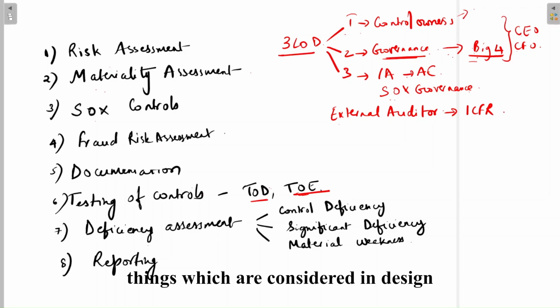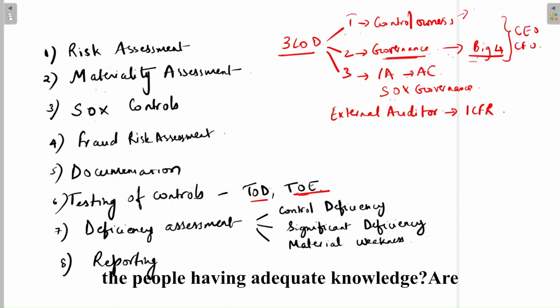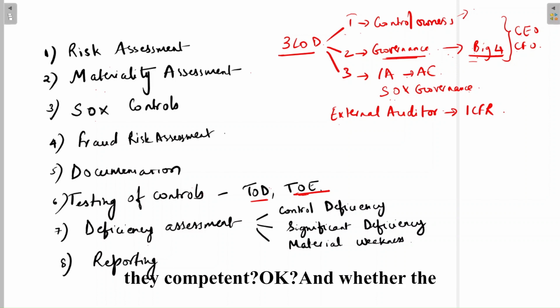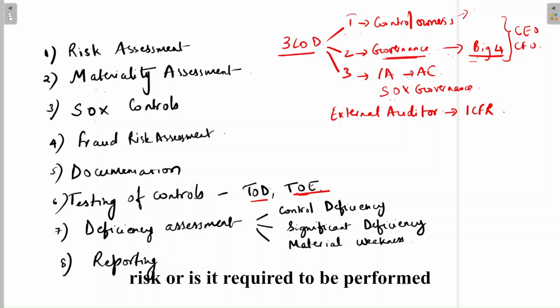Some of the things considered in design assessment are whether the control is being performed by the right people. Do the people have adequate knowledge? Are they competent? And whether the control's frequency is adequate. If the control is being performed weekly, is that enough to mitigate the risk, or is it required to be performed daily? And then what is the nature of the control? Is it preventive? Is it detective?